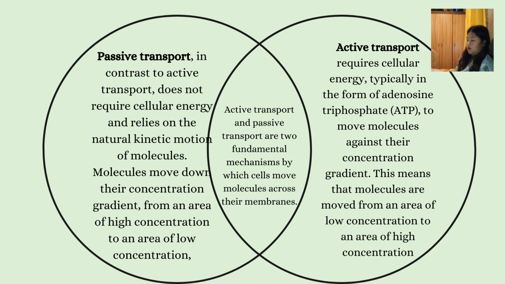Of course, they have different characteristics, but they also have the same characteristic: active and passive transport are two fundamental mechanisms by which cells move molecules across their membranes. That's all. Thank you.